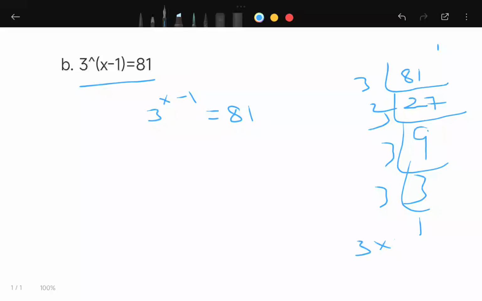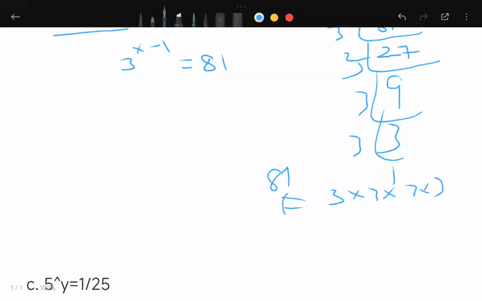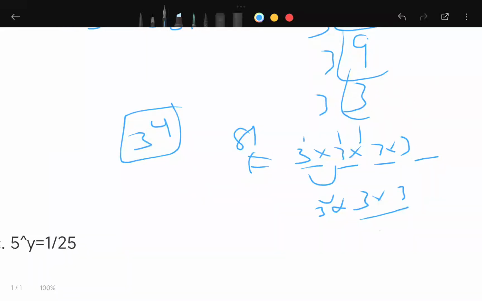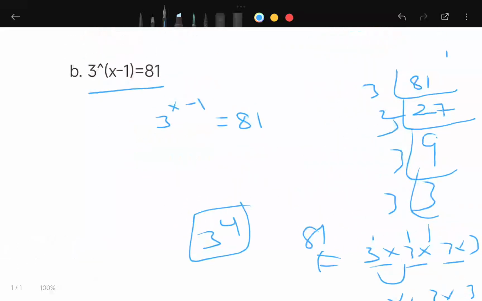So 3 into 3 into 3 into 3 is 81. As I mentioned before, we have 4 occurrences of 3, so it can be written as 3 power 4. Or in long format, 3 power 1 into 3 power 1 becomes 3 square, into 3 into 3. These both become 3 square into 3 square, which becomes 3 power 4.